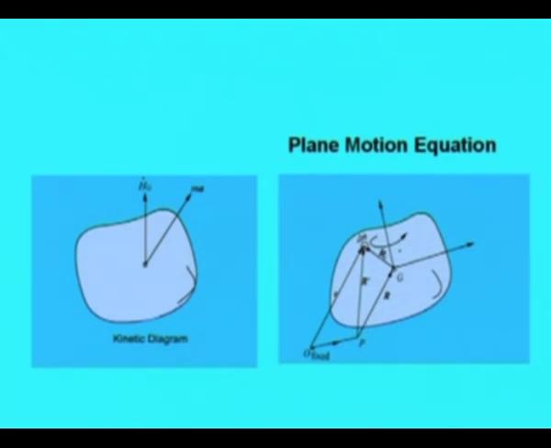The distance of P to G is R, a fixed distance, and then we have a small mass dm at a distance r dash from here, and G to dm is r i. We can attach an axis system at G also, and the body may be undergoing translation as well as rotation.